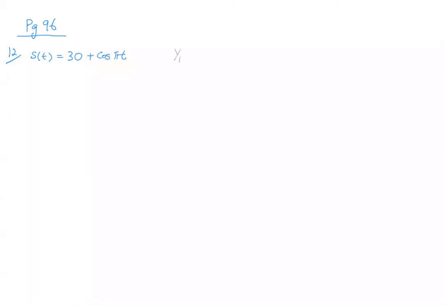Key this into Y1. The t is also inside the cosine, right? Yes. Then what should you do with your y2? So don't forget about this, okay? It's very important.